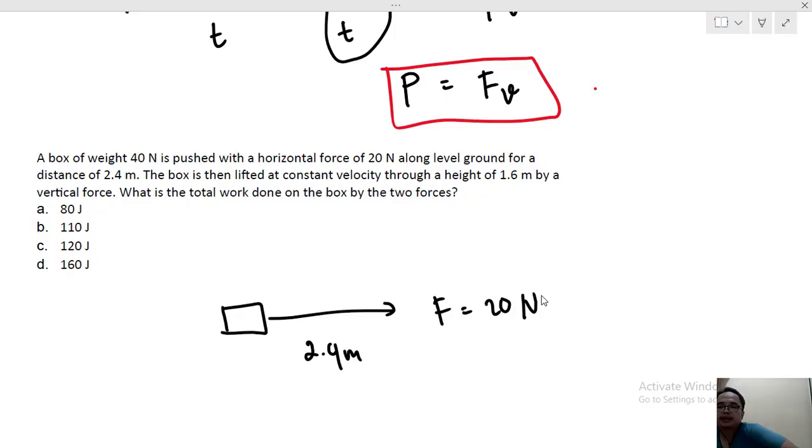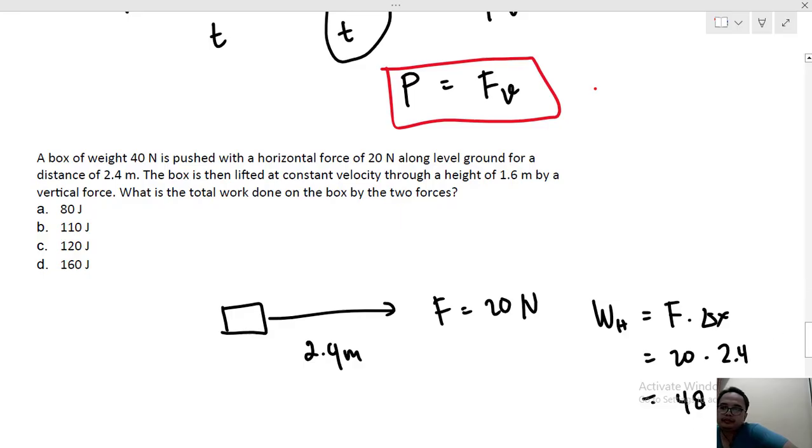So the work done by the horizontal force equals F times delta x, which is 20 times 2.4, equals 48 joule.